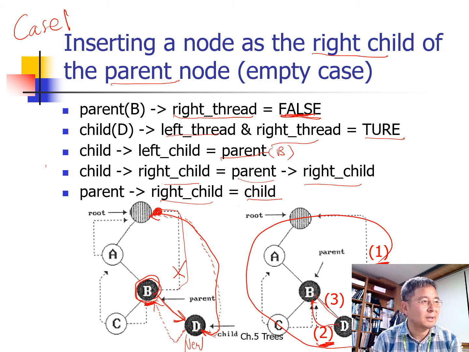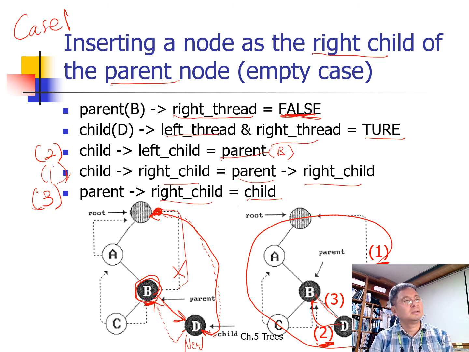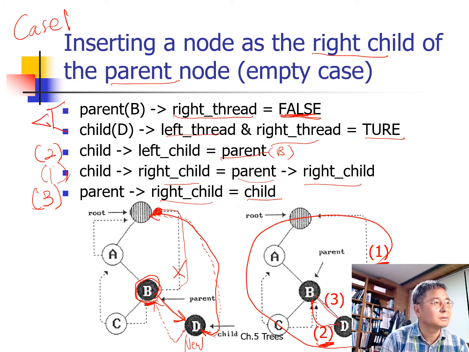This is number one, and this left child is the parent. This is number two. In here, red numbers 1, 2, 3, and 3 is the last one. These values are very important also.